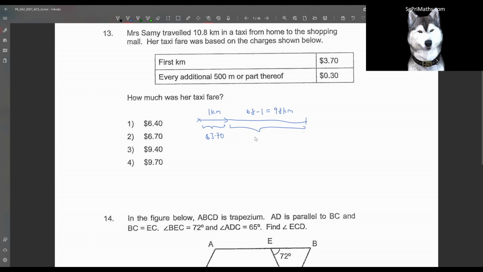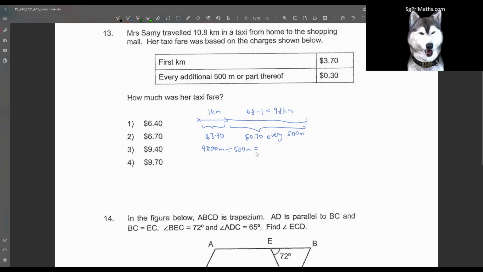This one is 30 cents every 500 meters. So we need to find out how many 500 meters are there in 9.8 kilometers. So we use 9,800 meters divided by 500 meters.